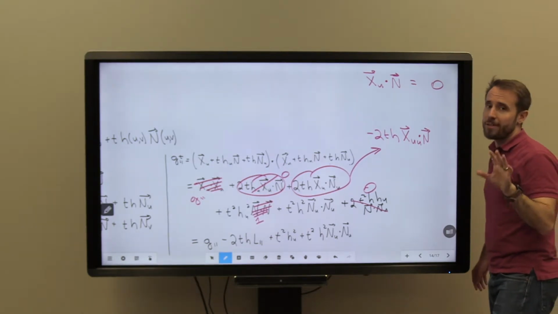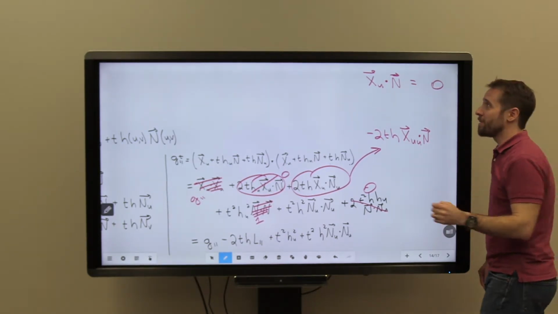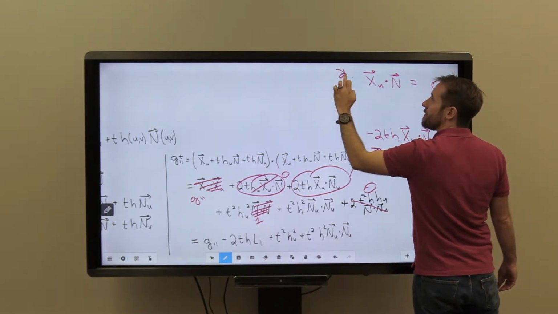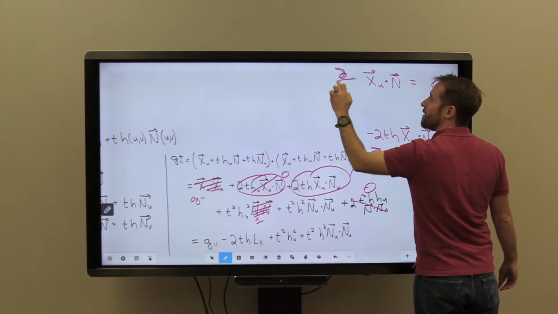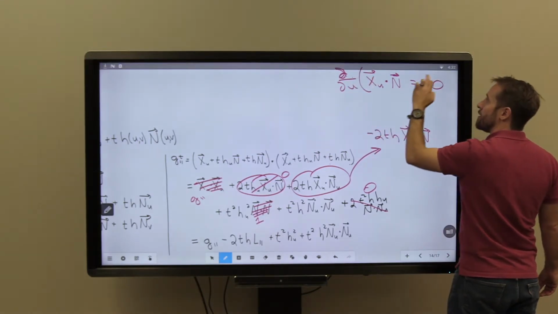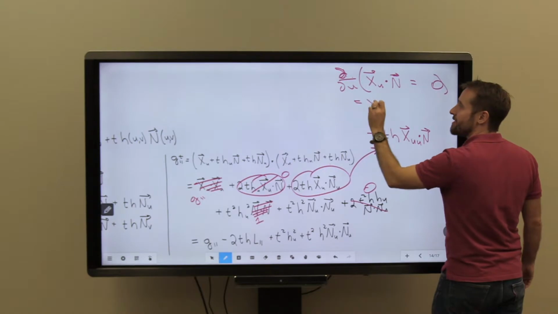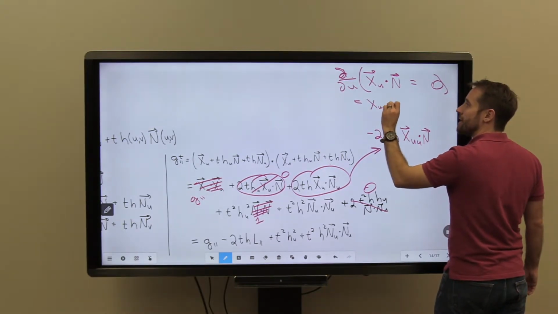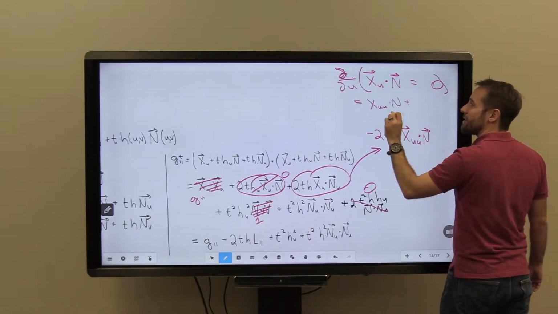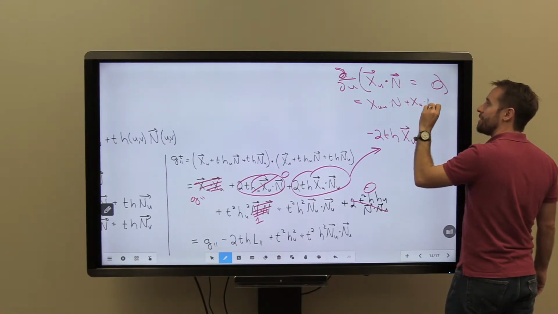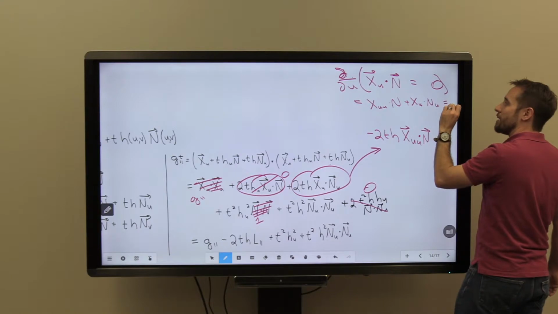But then, something that we did back when we introduced the second fundamental form, we took this observation and we took the derivative of it. Specifically, we took another partial u derivative of both sides of the equation, and the end result is x u u dotted with n plus x u dotted with n u equals 0.